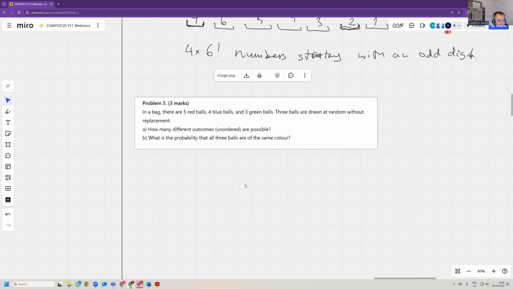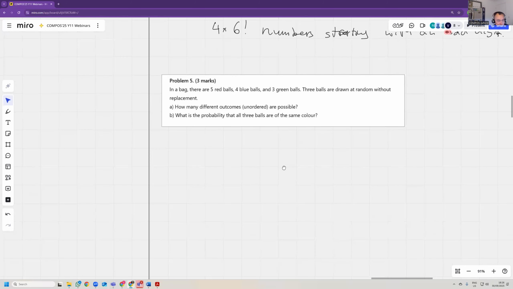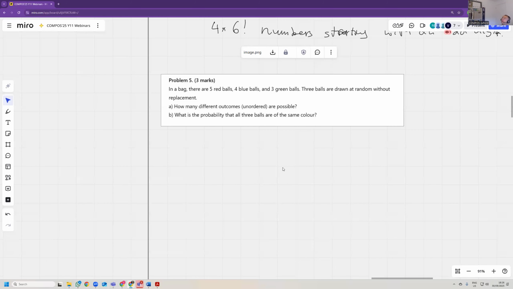Well, here is where it gets confusing. In combinatorics, what do you mean by possible outcomes? Because that's the important question.